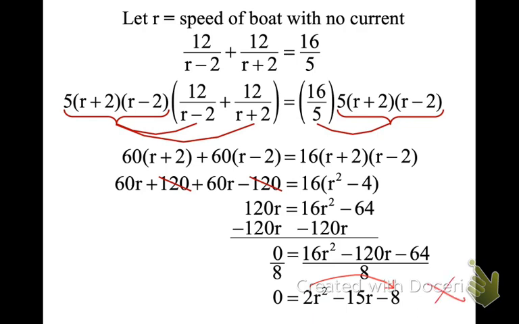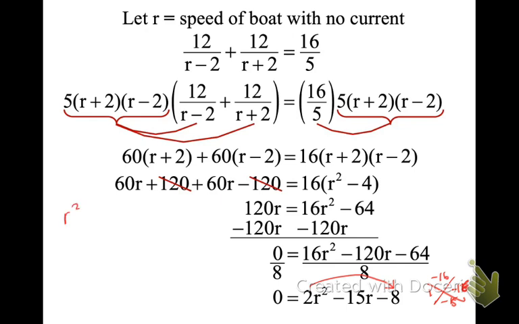So if you're weaker in one, you kind of go to the other. What multiplies to negative 16 and adds to negative 15? How about negative 16 and 1. So I'm going to have x squared. Oh, I'm doing r squared, sorry.